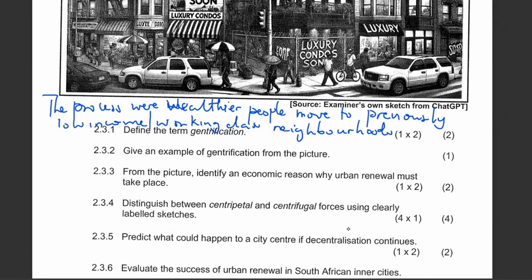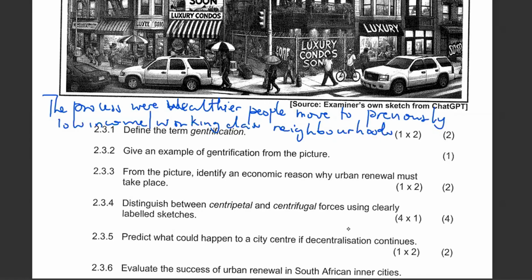So we are saying with gentrification, it's a process whereby the rich or affluent people are moving to areas that were previously low income areas and also areas that were designed for the working class. So that's the process of gentrification.